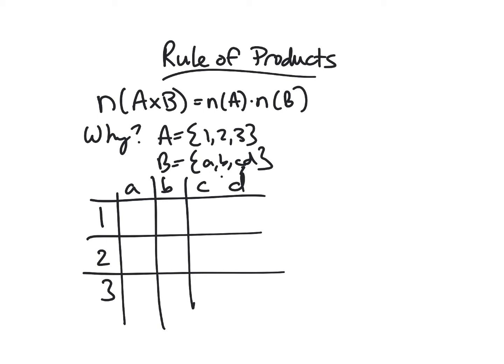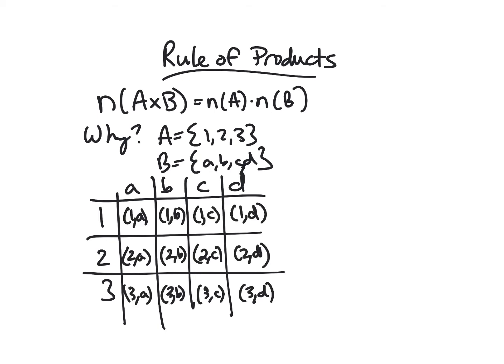How many things can we pair up? For each row, we multiply by the number of columns, so we have 4 here, 4 here, and 4 here. And so we have 3 times 4, the number of rows times the number of columns, and that's exactly n of A times n of B.